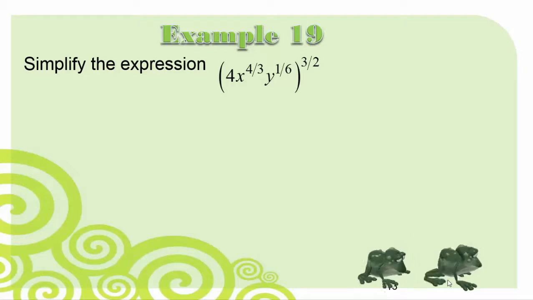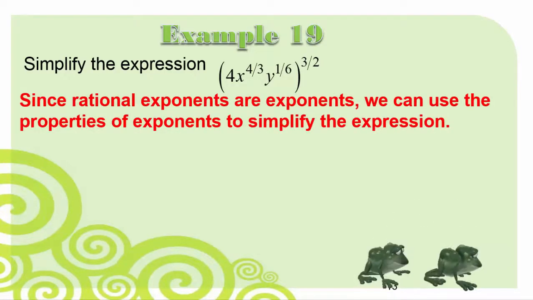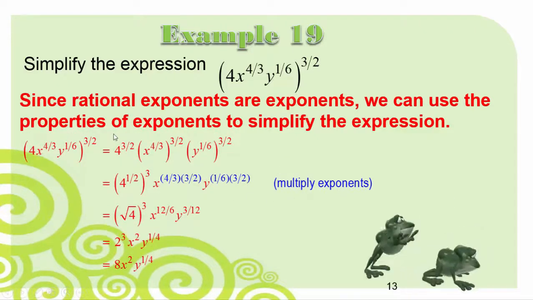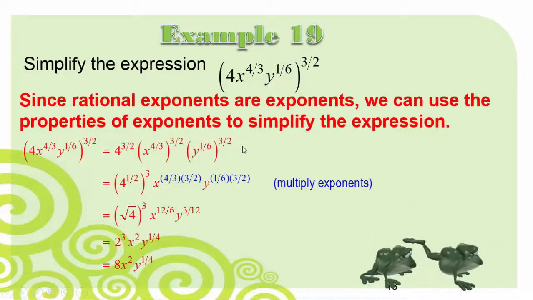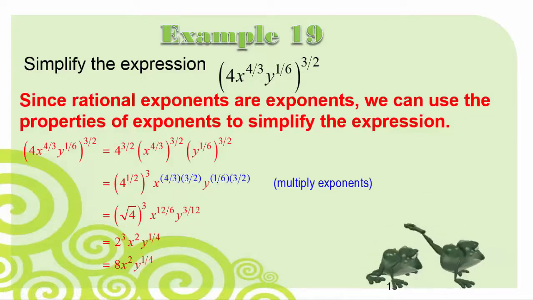Reviewing example number 19. As mentioned, since rational exponents are exponents, we can use the properties of exponents to simplify the expression. And that is what we do. We multiply in 3/2 to get 4 to the 3/2, and then we have x to the 4/3 to the power of 3/2, y to the 1/6 to the power of 3/2. And then we work that one out too using the rational exponent theorem, and we multiply exponents.